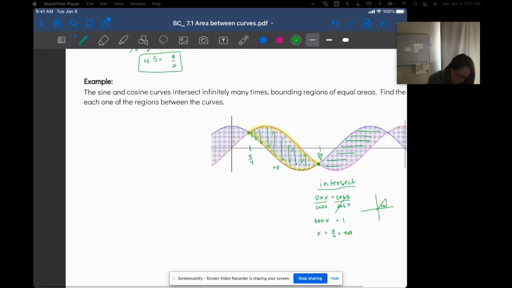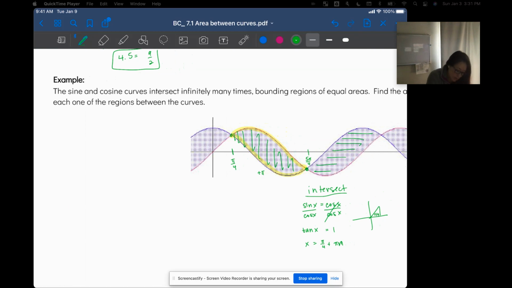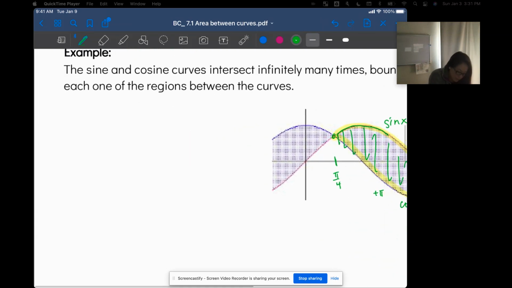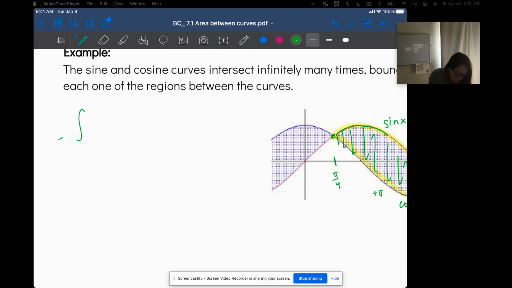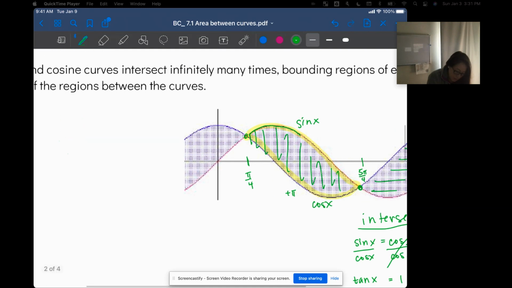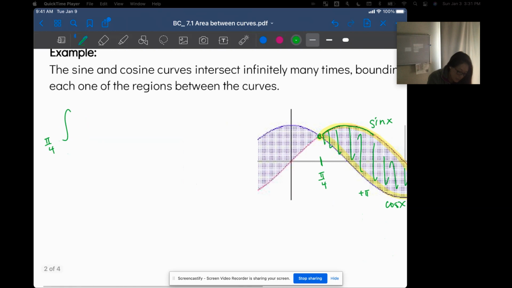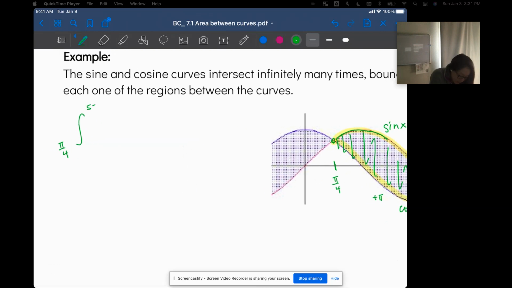So now, which curve is the top? The sine curve in my graph here is the top, and the bottom is the cosine graph. So when I set up my integral, my left bound is pi/4, and then I'm going to find the area all the way up until 5 pi/4.